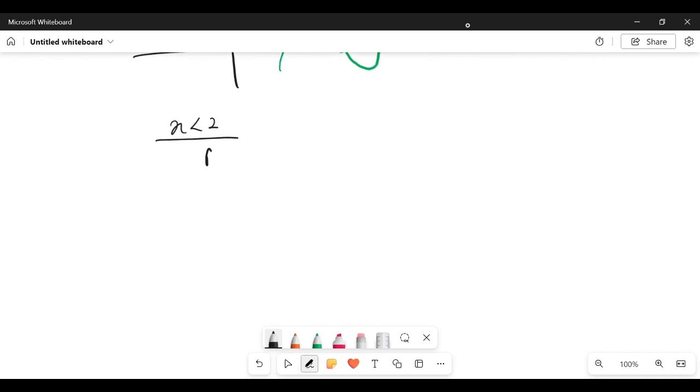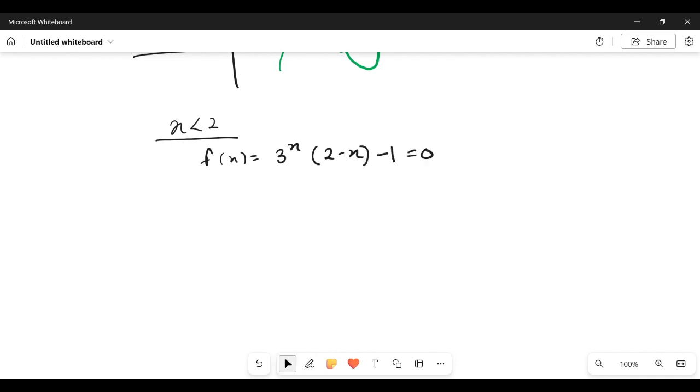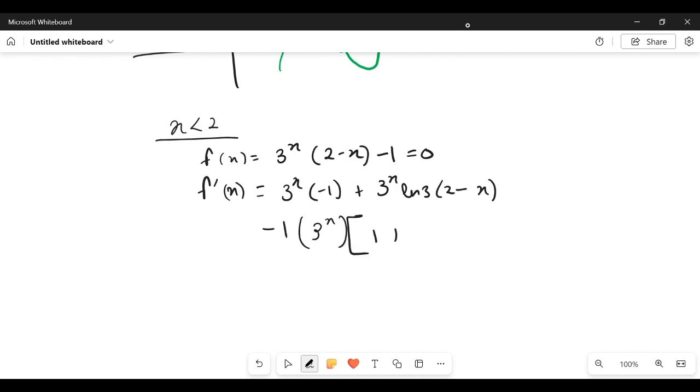So let's say for x less than 2, f(x) would look something like 3 to the power x times (2 minus x) minus 1 is equal to 0. f dash x is equal to, we will do again the same analysis, right? 3^x ln 3 (2 minus x) minus 1, then 3 to the power x, I'm just taking the common, (ln 3 (2 minus x) minus 1), and when does this bracket go to 0?